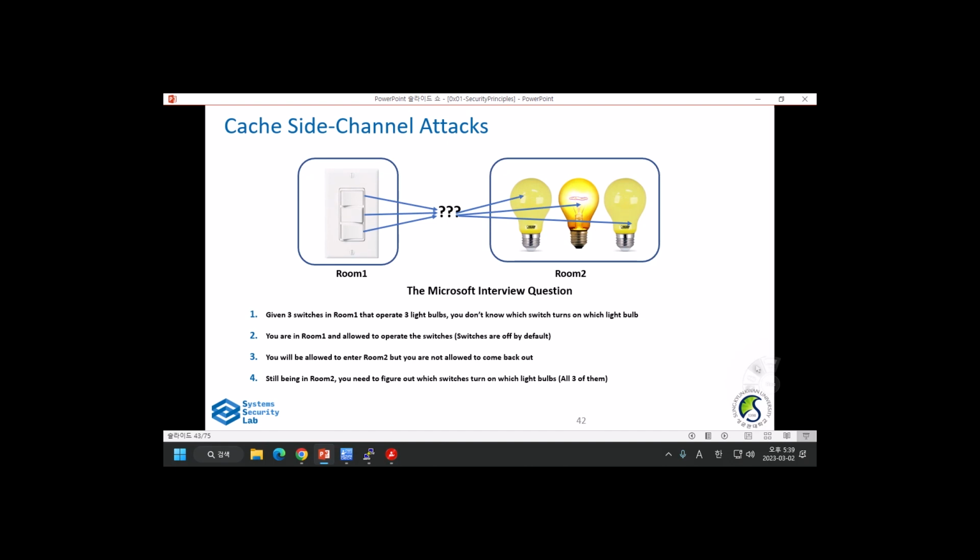You turn on the second one. Then you go into room 2. So there should be one that is currently on, right? So this must be from the second switch that I just turned off, right? So between the 2 turned off light bulbs, one must be hotter than the other. Okay. So that must be the first one, right? That I just turned on and off, right?